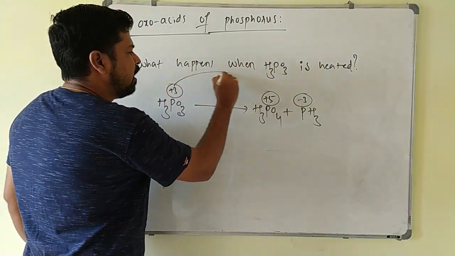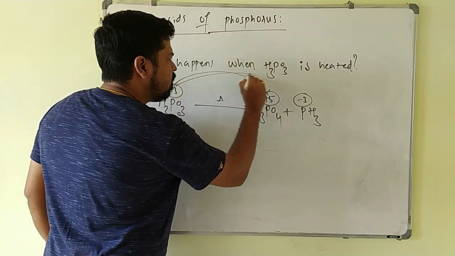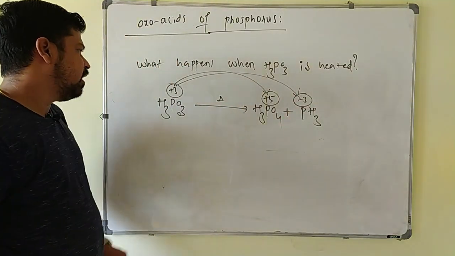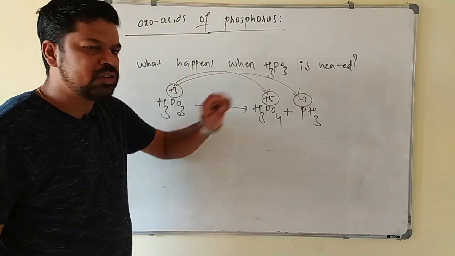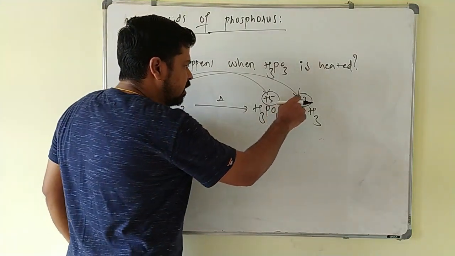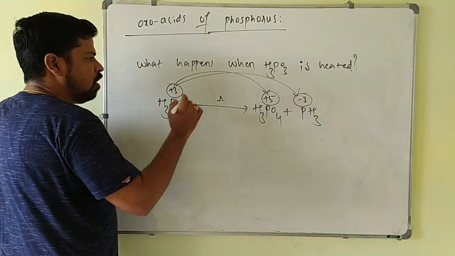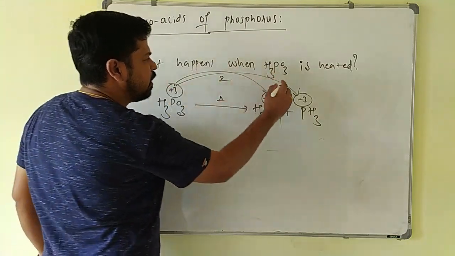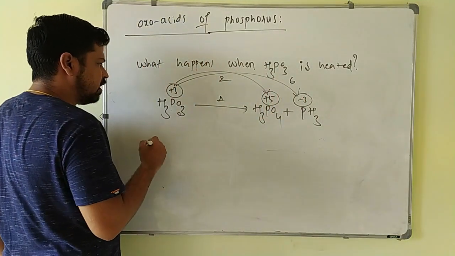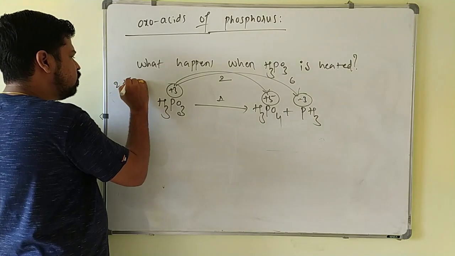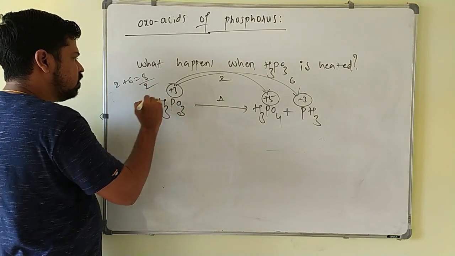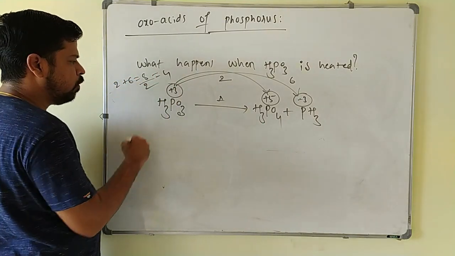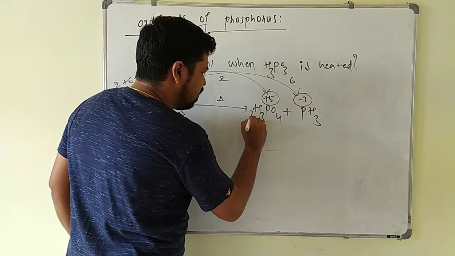So it splits into one higher and one lower oxidation state. This is called a disproportionation reaction. How many units change here? This is 2 units, and here to here is 6 units. So 2 plus 6 is 8 here. You can divide by 2, so you get 4 times, and this is 3 times.